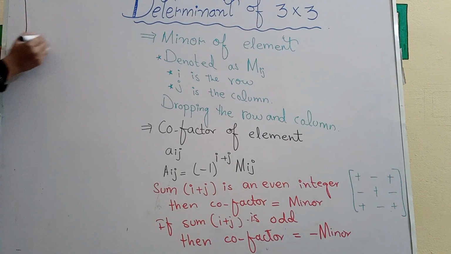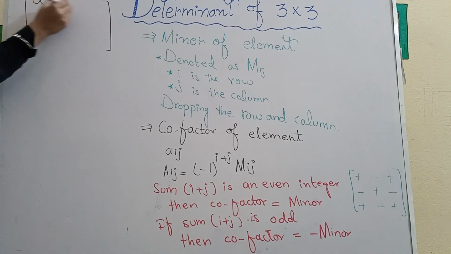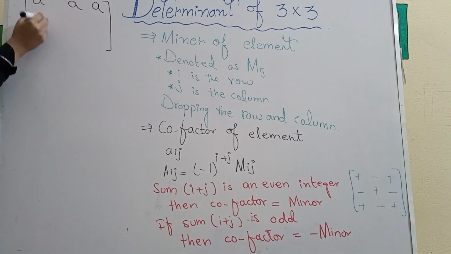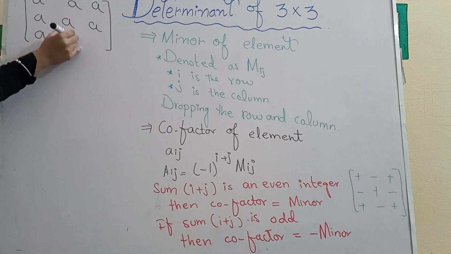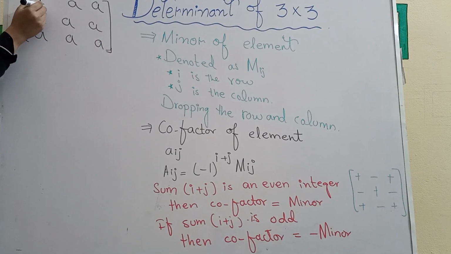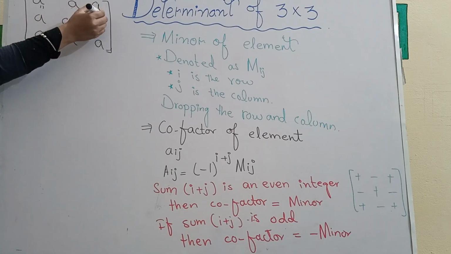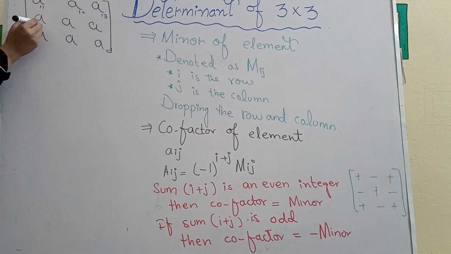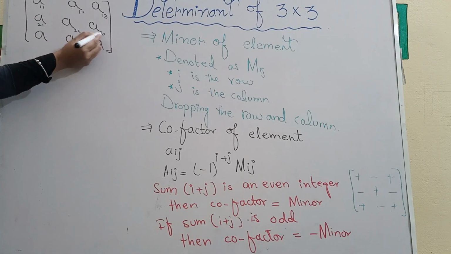I am just taking a generic 3 cross 3 matrix, which is composed of, let's suppose, a, where a represents any number. Here we have the positions: 1 1, that is first row and first column, 1 2, first row second column, 1 3, first row third column, second row first column, second row second column, second row third column.